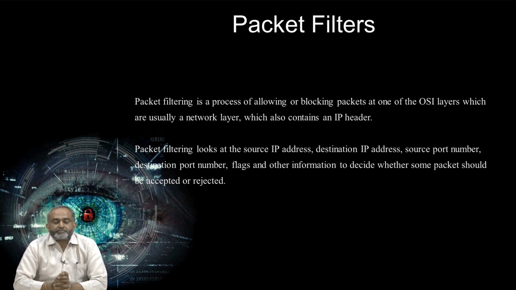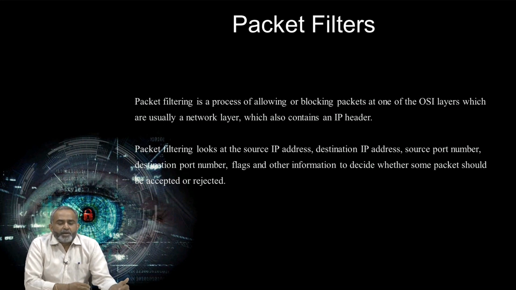Now, you are familiar with the OSI reference model, and entire network communication is dependent on the OSI reference model. So, the base concept is the OSI reference model, and as we know there are 7 layers in the OSI reference model.